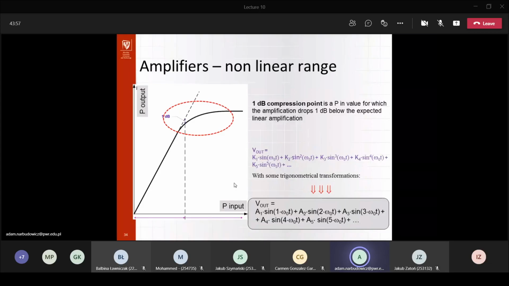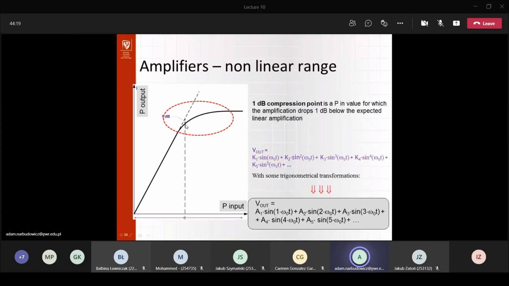That should be quite intuitive. If you just add more power at the input of your amplifier, at some point, of course, you will burn the amplifier down. But before this happens, it will start operating in a nonlinear mode. So what does it mean?